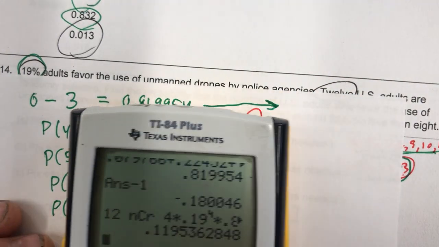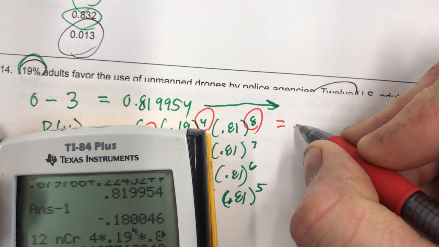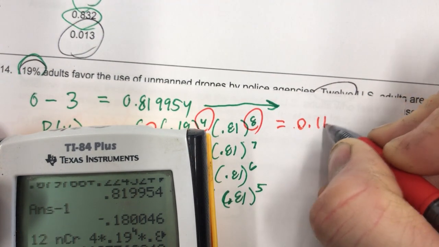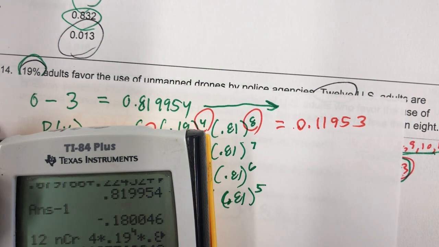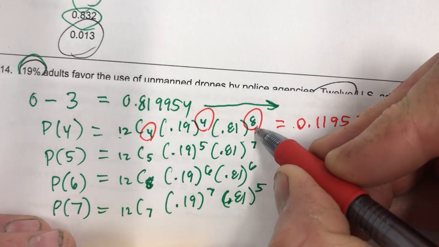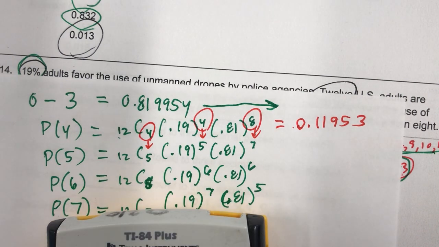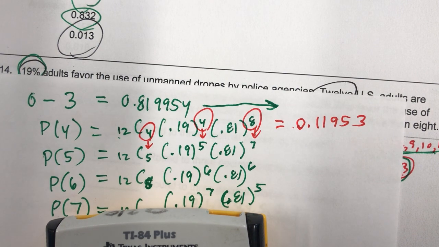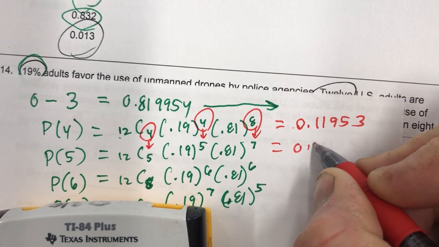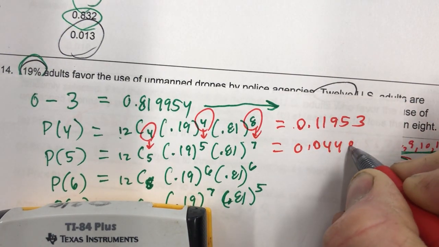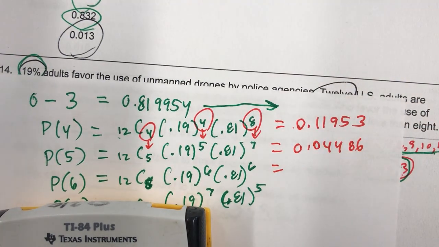And when I do that, I get 0.11953. Now change my 8 to 7, change the 4 to 5, change the 4 to 5. So 7, 5, 5, and I get 0.04486.